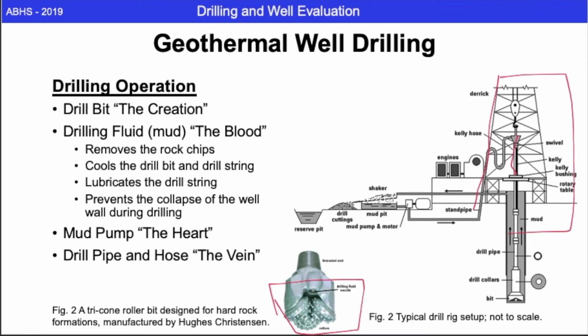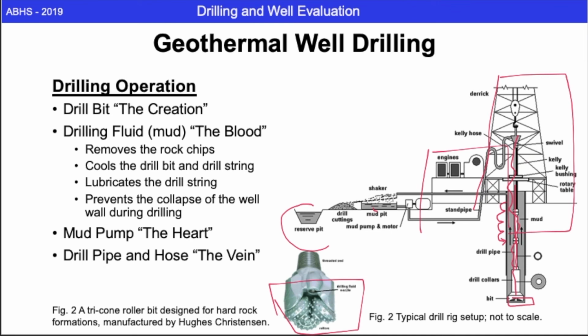This is where the drill is actually going down into the well. This is the drill pipe, and this is the bit, and we install casing as we go down in depth. To ensure the running of the drilling, we use mud, and the mud circulates around the mud pit and the reserve pit.